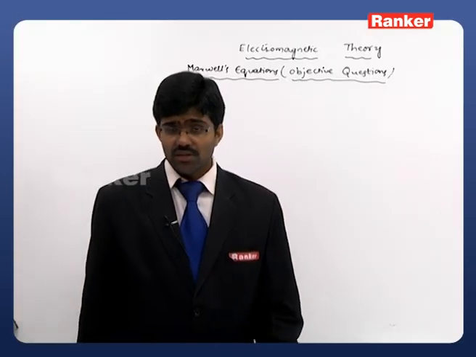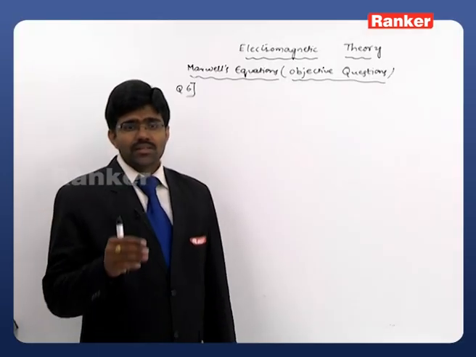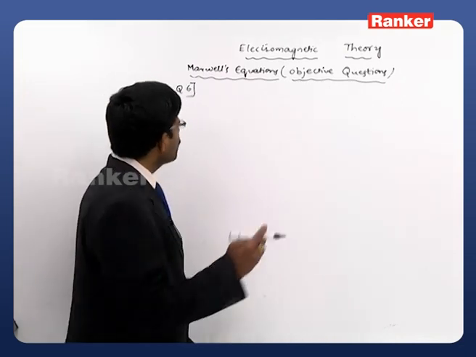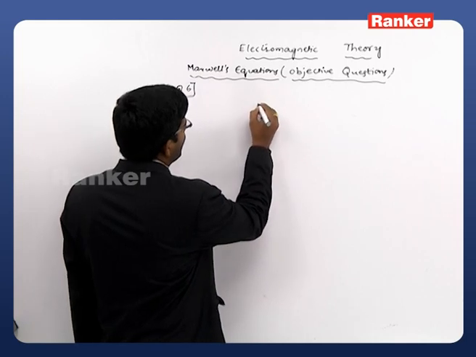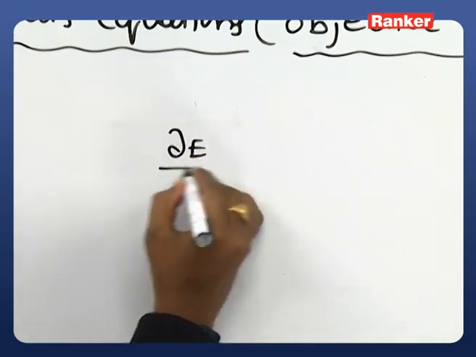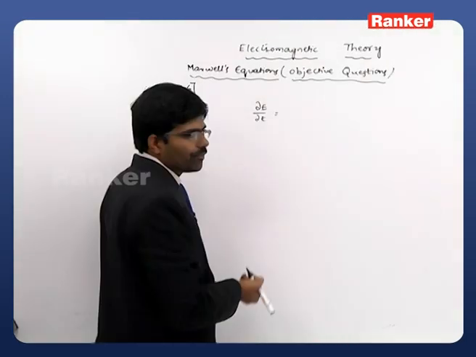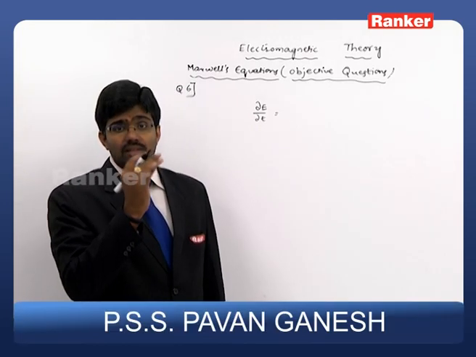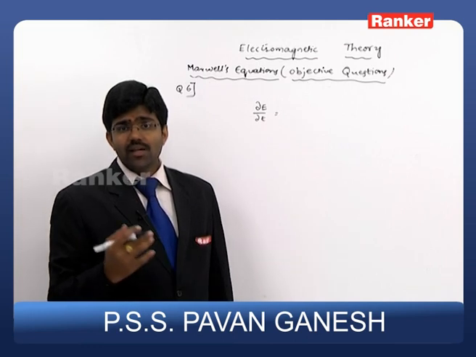Here clearly observe what statements are given to us. The time varying electric field produces magnetic field. What we have is a time varying electric field, that is dou E by dou t. The time varying electric field produces magnetic fields, that we have from our Ampere's law and Faraday's law.